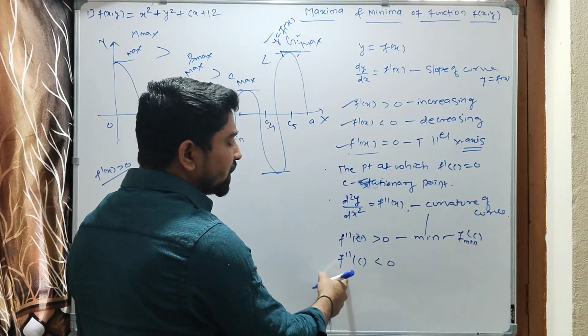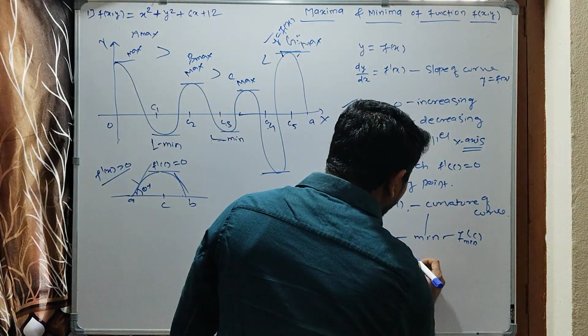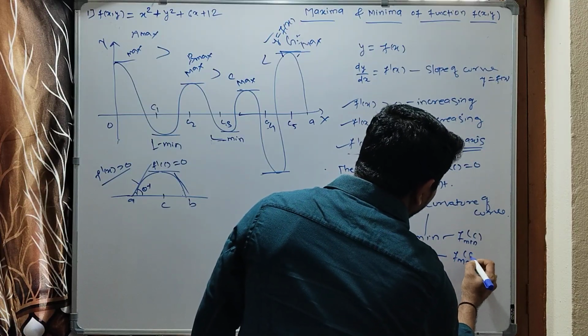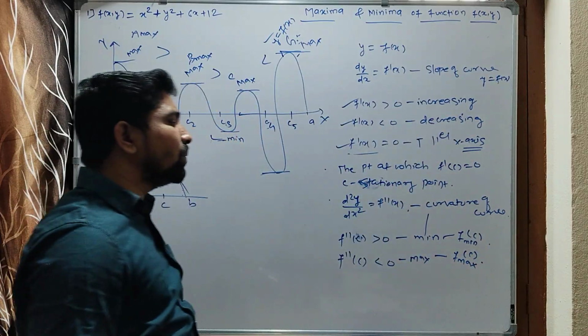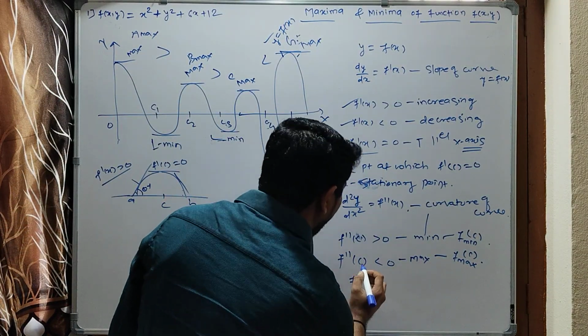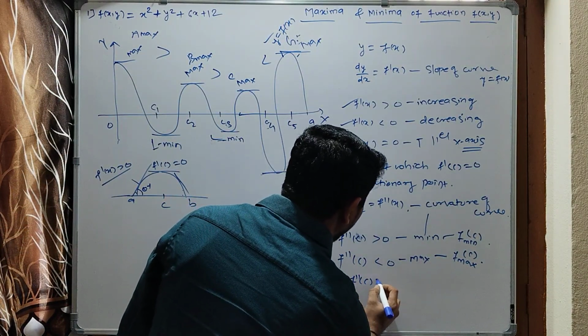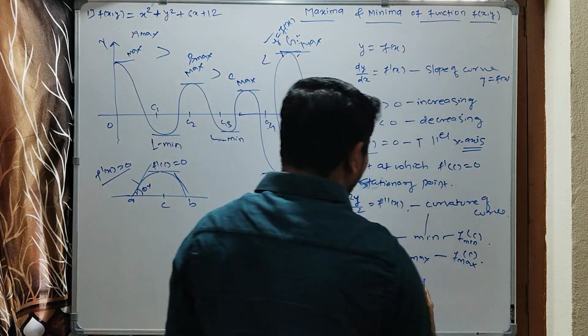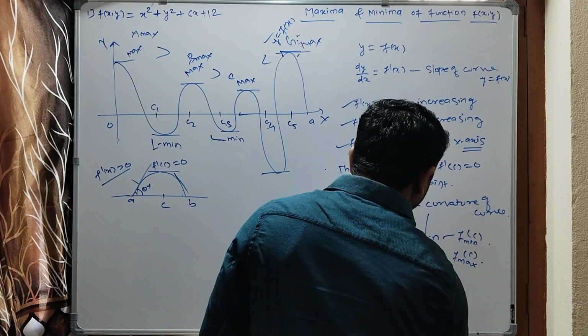And if f double dash of c is less than 0, then your function has maxima with maximum value at that critical point c. And if f double dash at c equal to 0, then we can say no conclusion about the function, or we can say test fail.